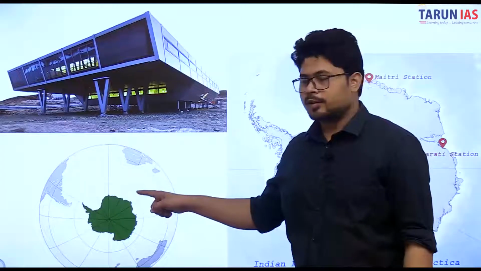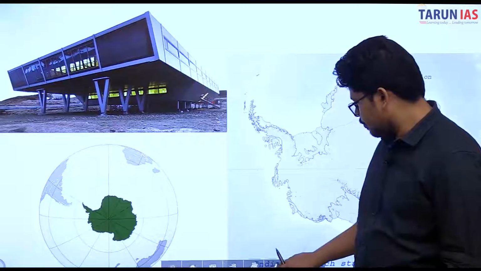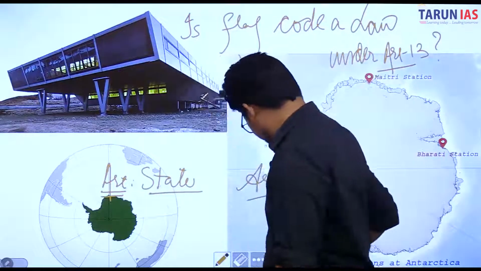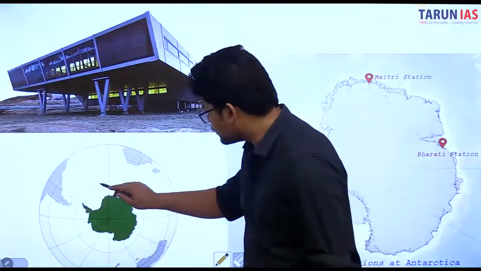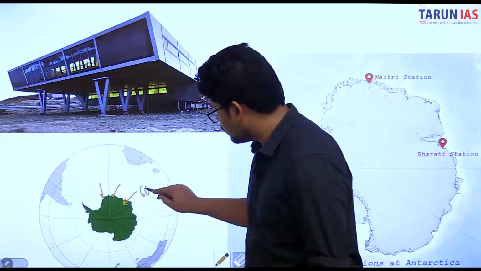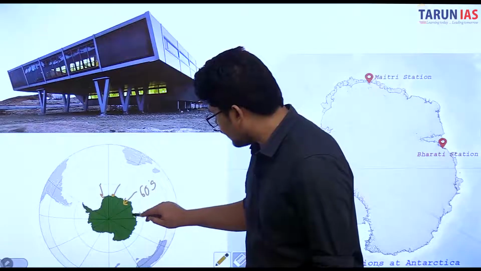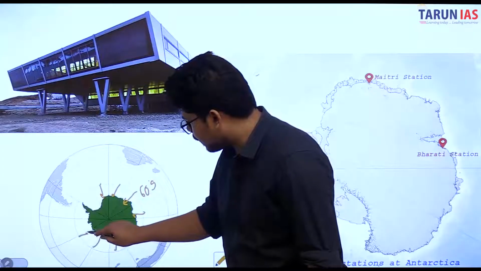Okay, so anything that lies below this line, 60 degrees south, anything that lies below that line is a part of Antarctica.